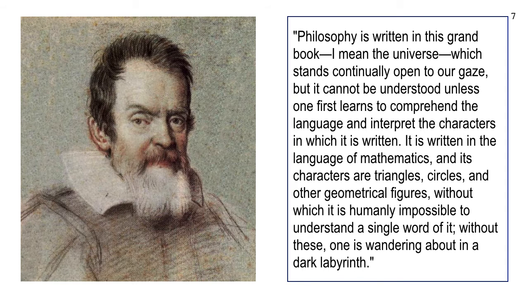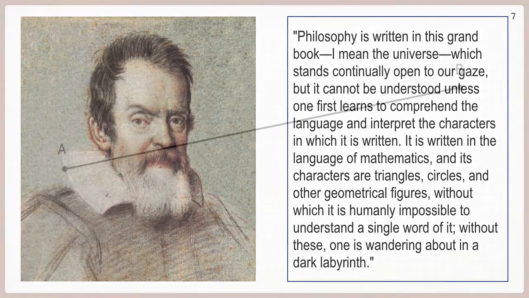Its characters are triangles, circles, and other geometric figures, without which it is humanly impossible to understand a single word of it. And without these, one is wandering about in a dark labyrinth. But we are not in the dark labyrinth now. We're up on top of a mountain. And if you've ever been on top of a mountain, you know that once you get up there, you can see forever, as the saying goes.